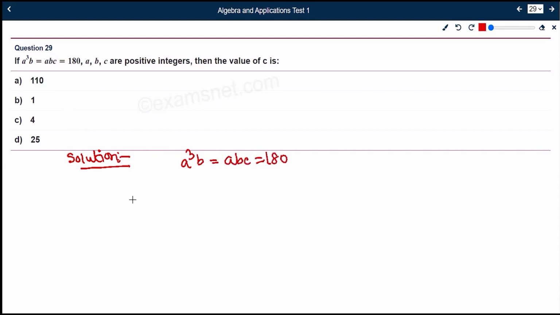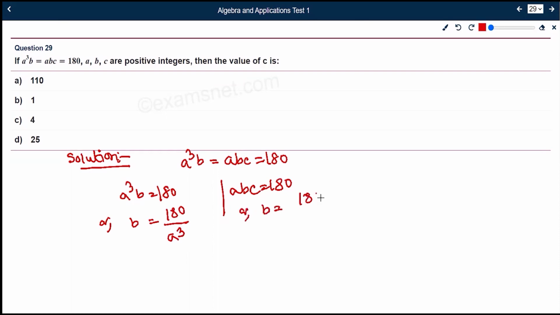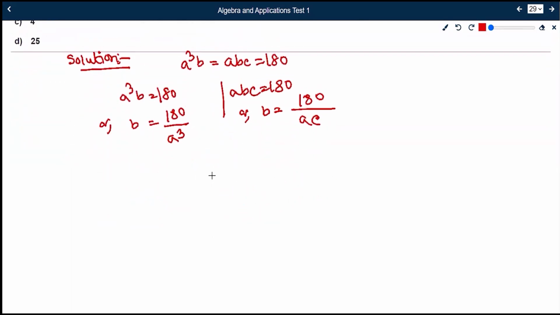Separately, I can write a cube b equals 180 and abc equals 180, correct? From the first relation, I can write b in terms of a, 180 by a cube. Same here, I also write b as 180 by ac. Now, both results refer to the value of b, right? This means they are equal.